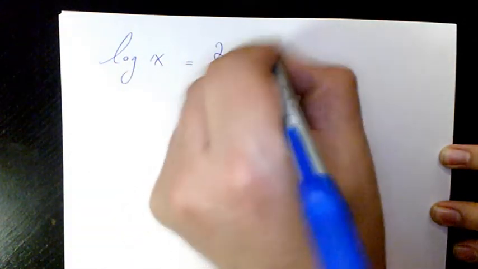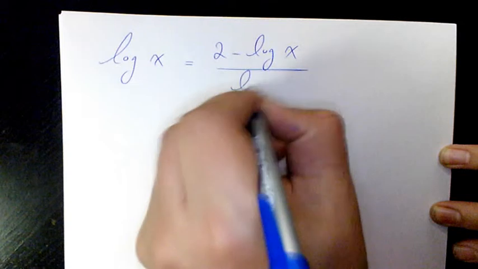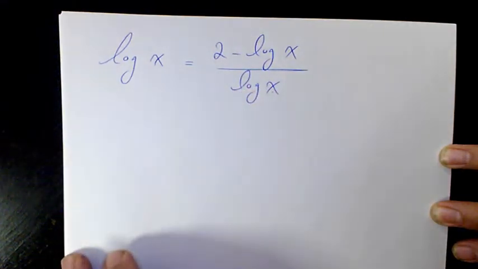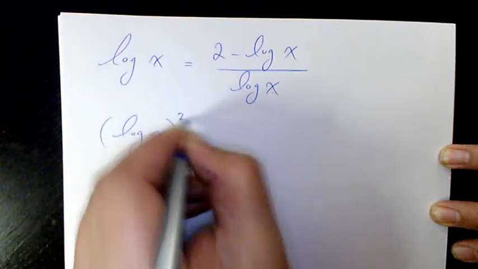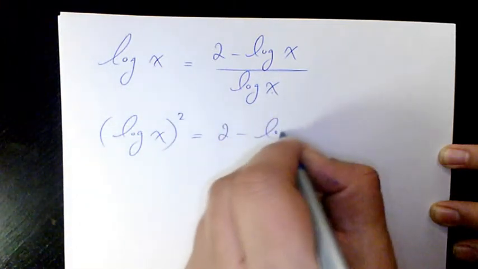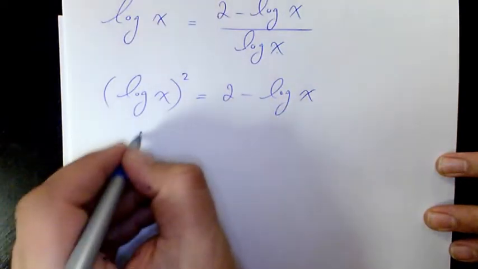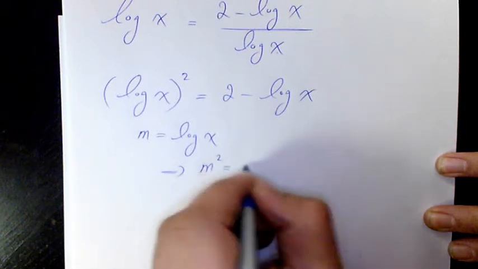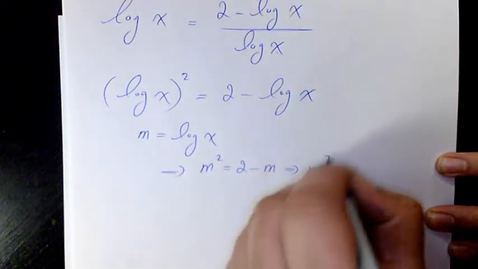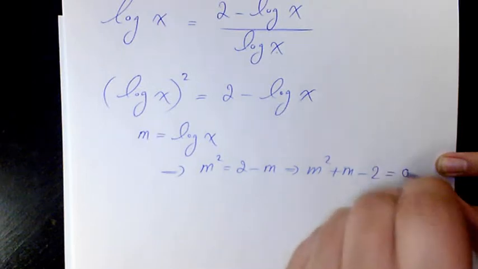Next one. Log x equals 2 subtract log x over log x. So in this example, I'm going to have cross multiplication, so log x squared equals 2 subtract log x, and then I can say m equals log x, so m squared equals 2 minus m, which means that m squared plus m minus 2 equals 0.